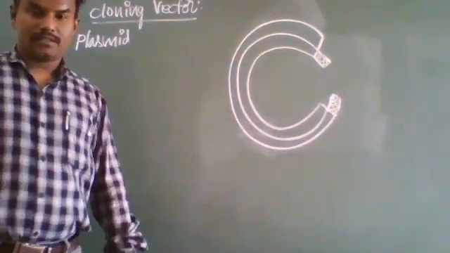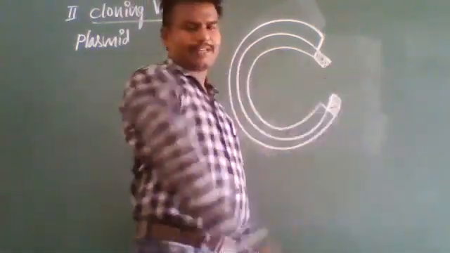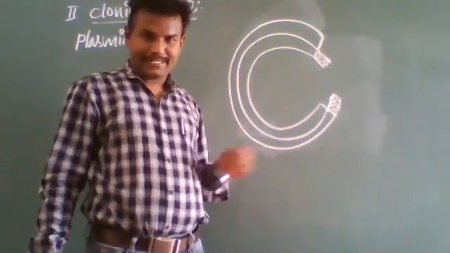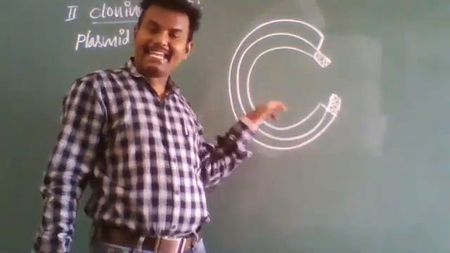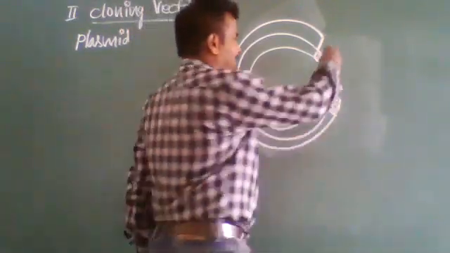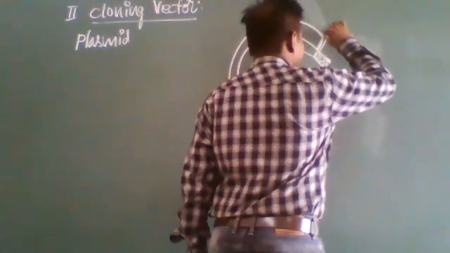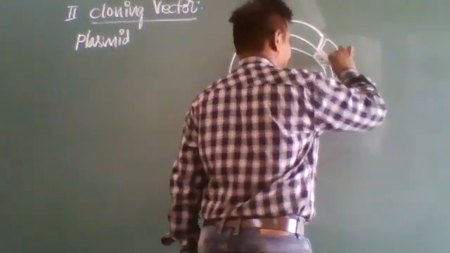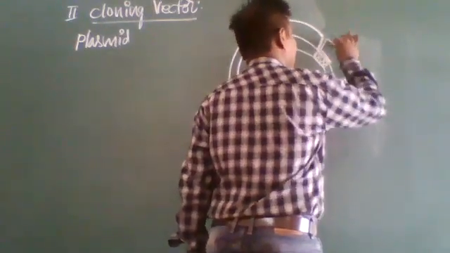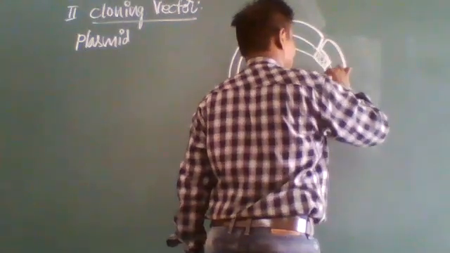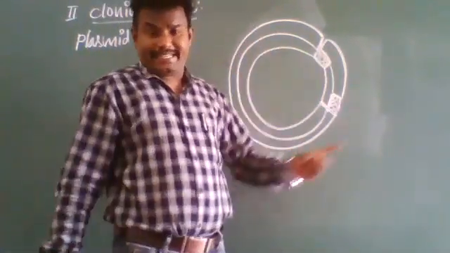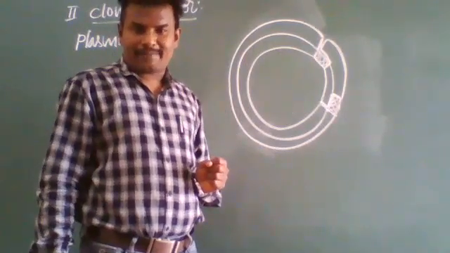Plasmid acts as a vector or gene carrier in which foreign DNA has been inserted, so that autonomously replicating recombinant DNA is formed.